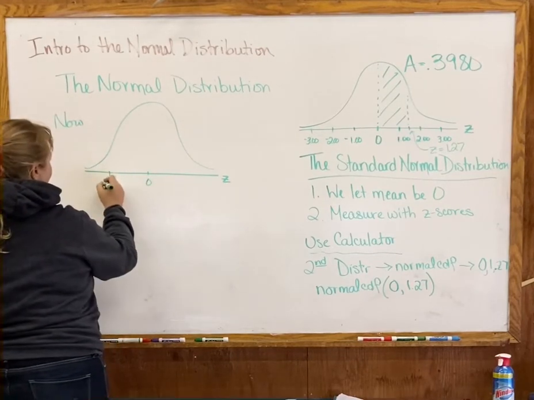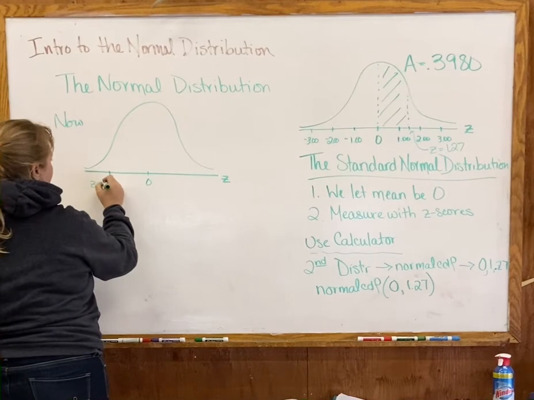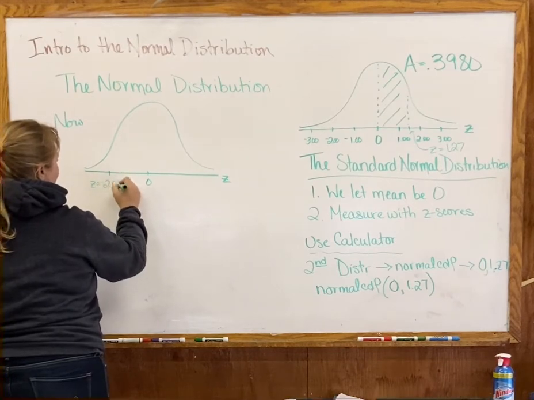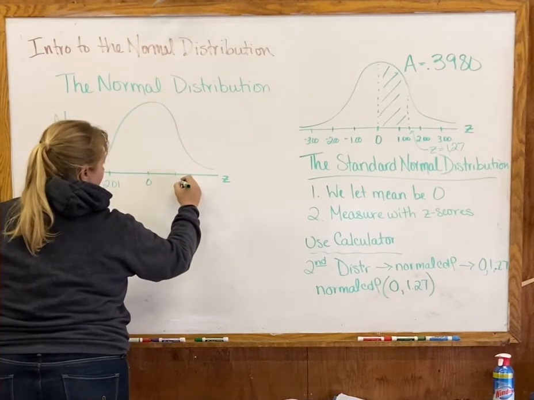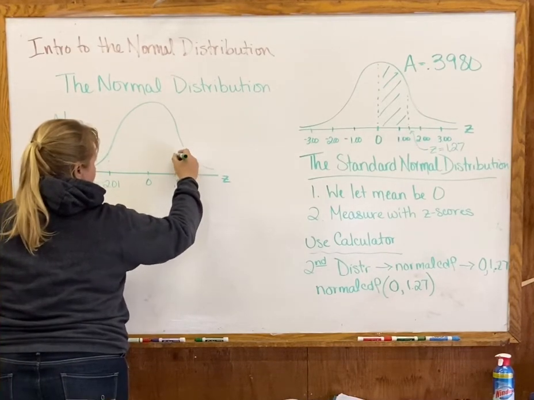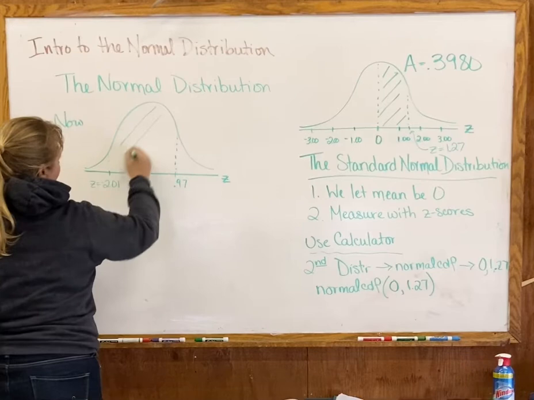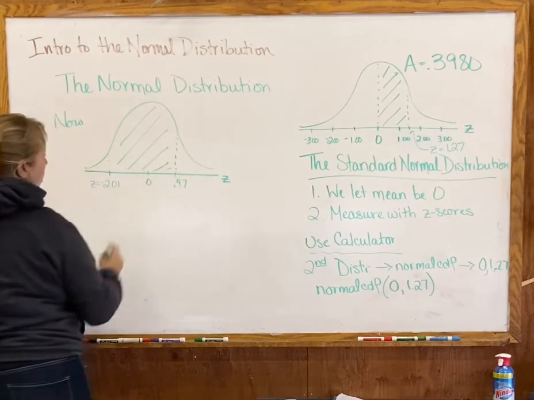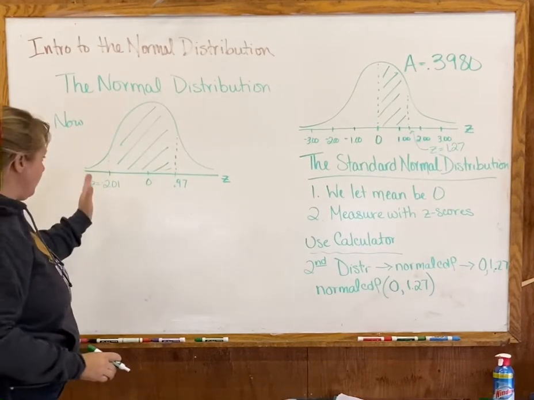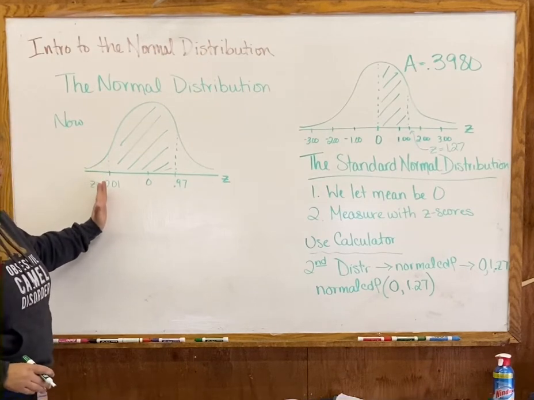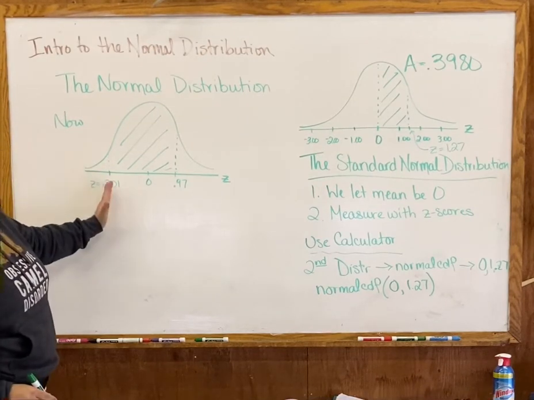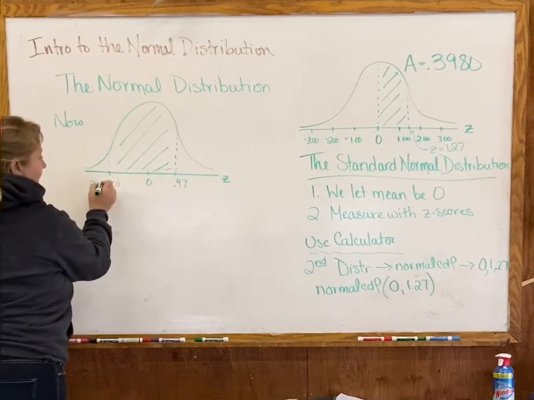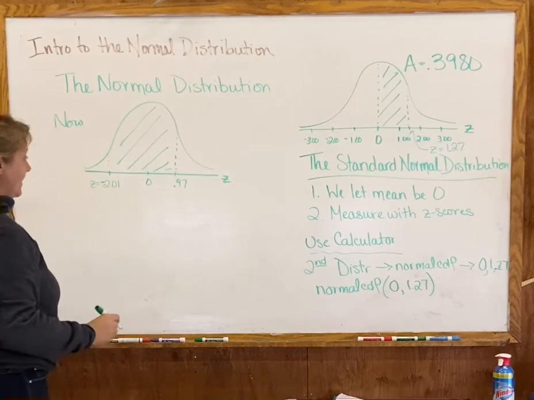But this time I'm asking you to go from a z equals negative 2.01 to a z equals 0.97. So I'm asking you to go all the way across the middle this time. So lower boundary of negative 2.01 and an upper boundary of 0.97.